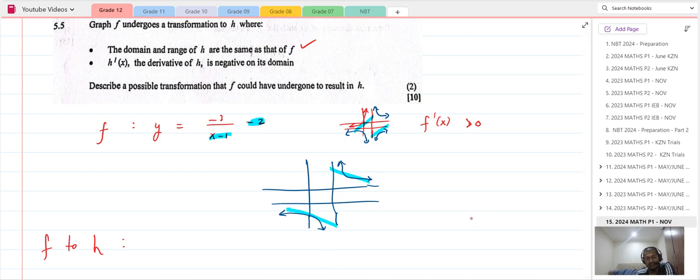What if I say that it is 3 over x minus 1, minus 2? Am I getting an x-intercept? If I make x 0, I'll get minus 5 here.